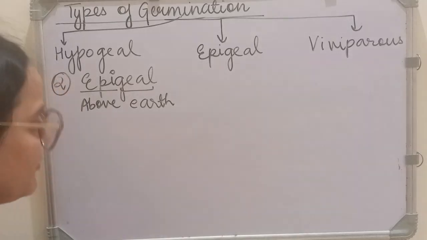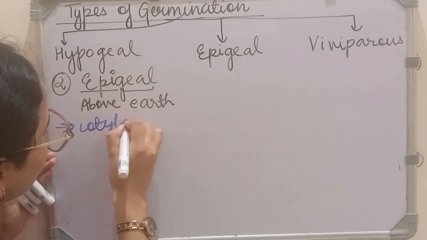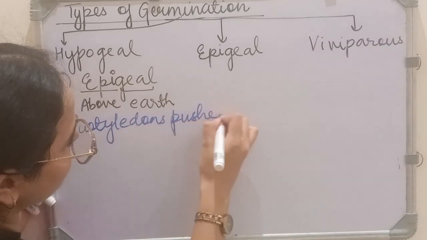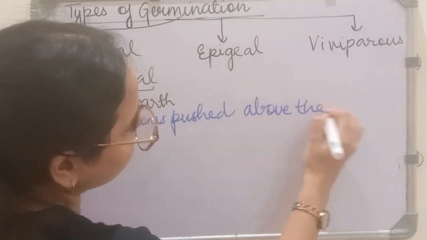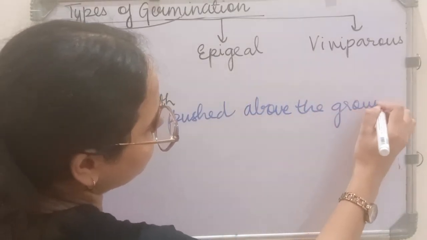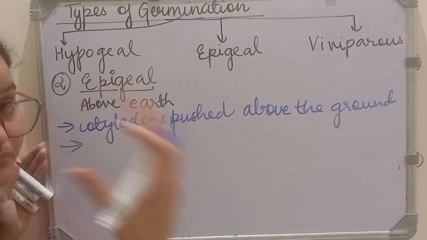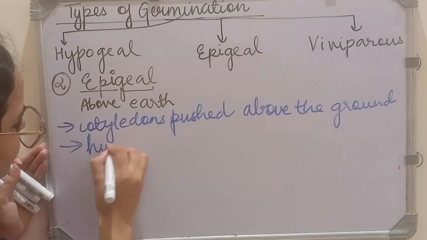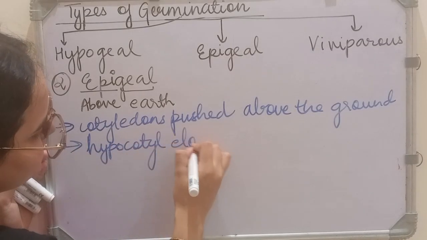So let's write this point. Cotyledons pushed above the ground, and the hypocotyl elongates first. So hypocotyl elongates.